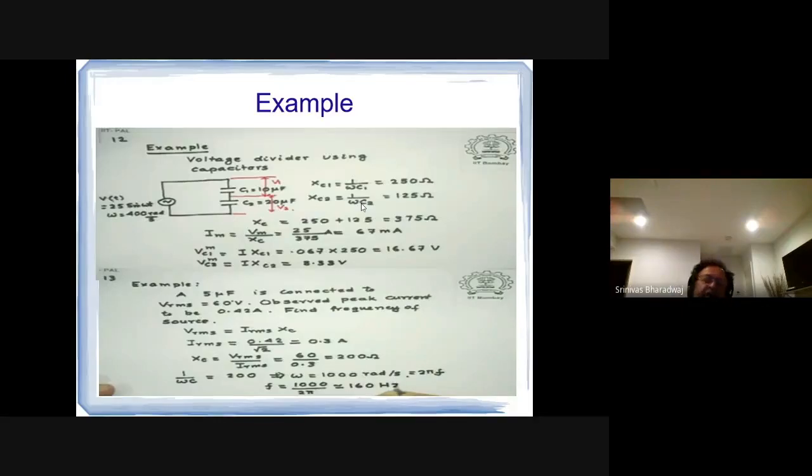Because you have to find not the total C, but the 1 by omega times C equivalent. That's why when you calculate it like this, you add the two and you end up with 375. Therefore, the Vm is 25, the I max is 67 milliamperes, and then correspondingly you multiply.